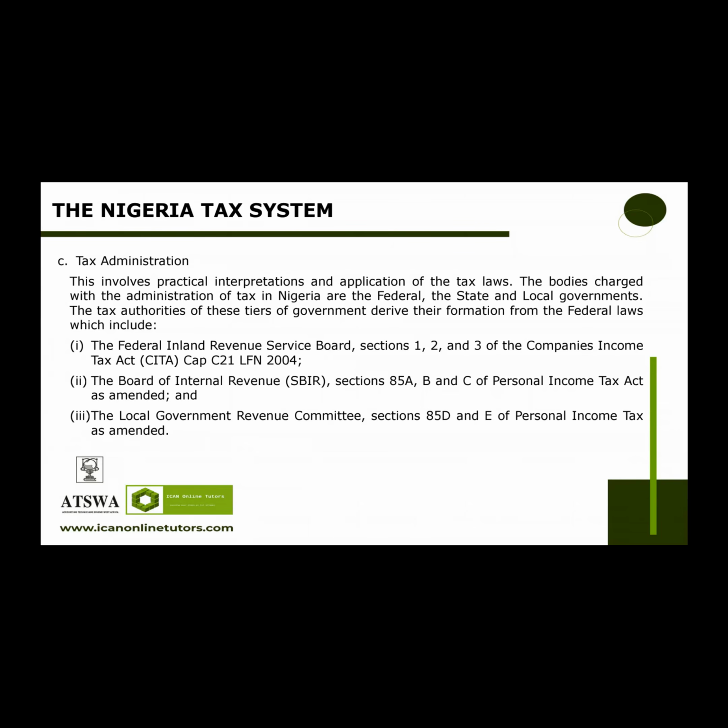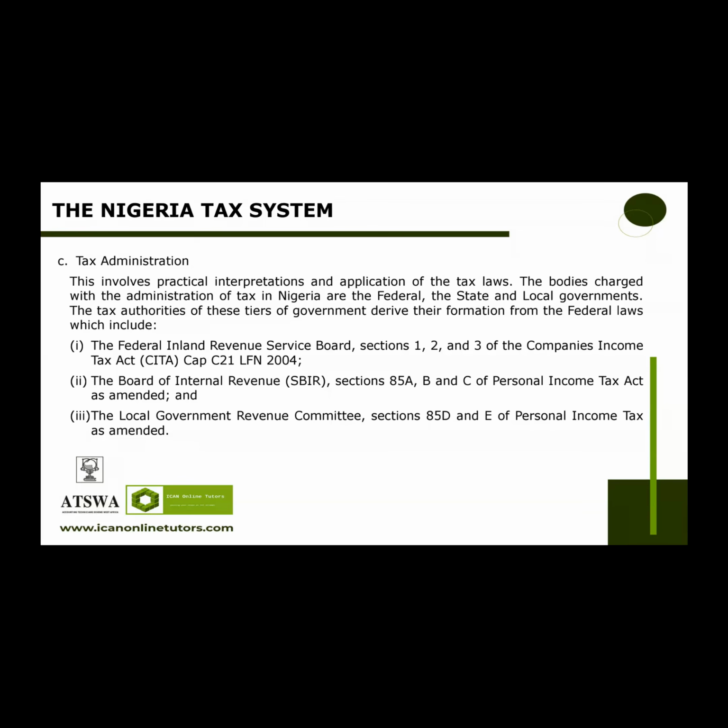The Federal Inland Revenue Service Board, Sections 1, 2, and 3 of the Companies Income Tax Act, and 2. The State Board of Internal Revenue, Sections 35A, B, and C of the Personal Income Tax Act as amended. And we have the Local Government Revenue Committee, Sections 85D and E of the Personal Income Tax Act as amended.